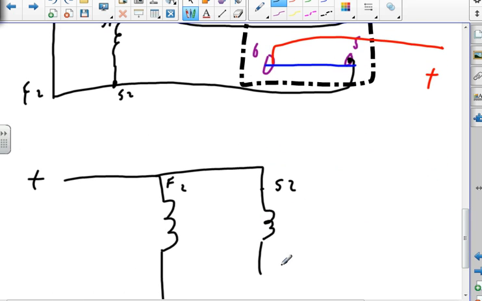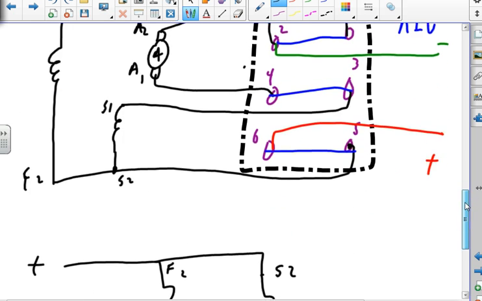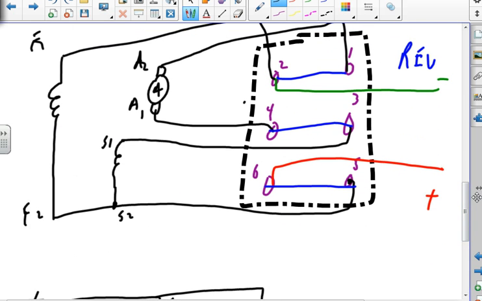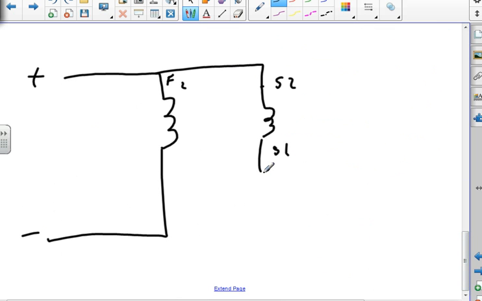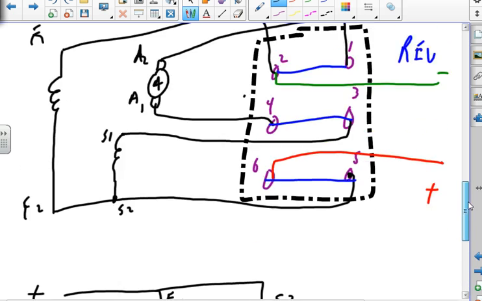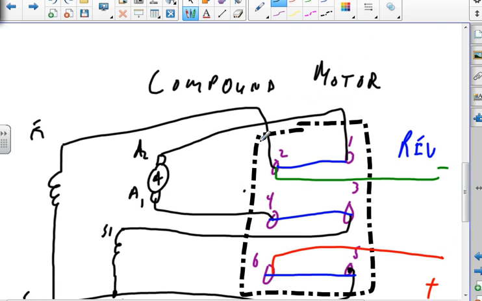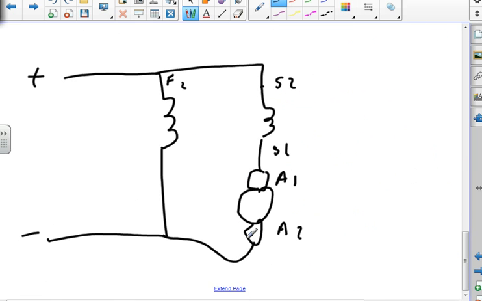S2 goes to S1. Okay, so S1 goes to A1. Goes to the motor, goes to A2, goes back to negative. Yes, it does. And so that's how I go. I get it to go in reverse by switching the armature windings from one side to the other.